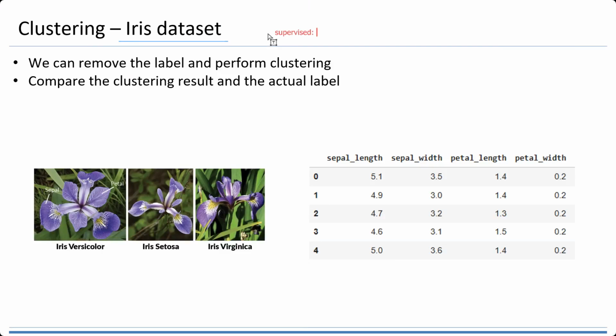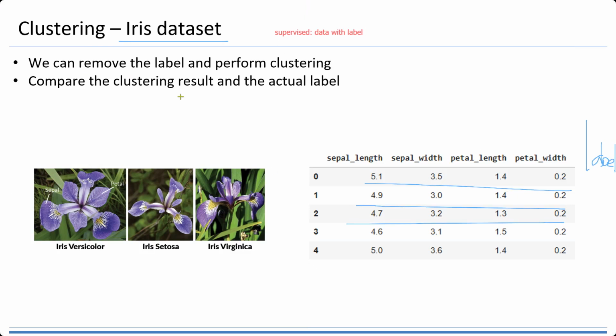Supervised means we have the data with labels. So we already know that this data belongs to Setosa, this data belongs to maybe Virginica, and this data belongs to maybe Versicolor. So we actually have the label. Can we do clustering with this kind of data?